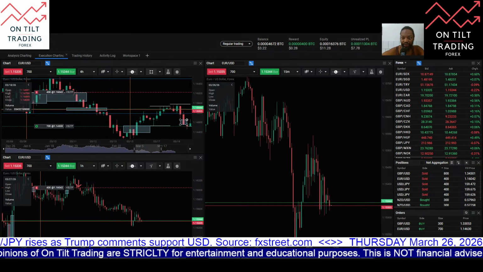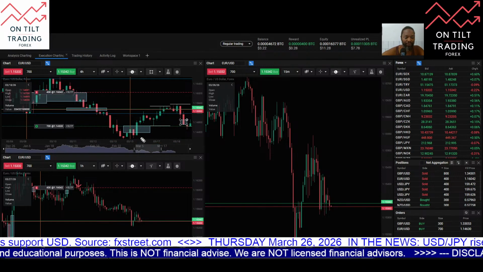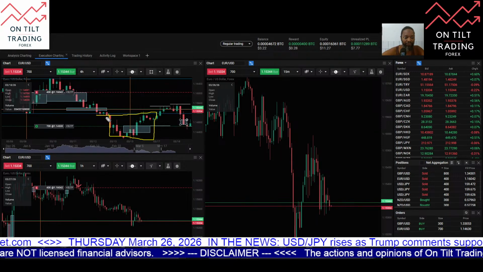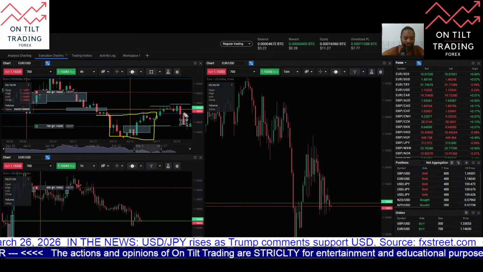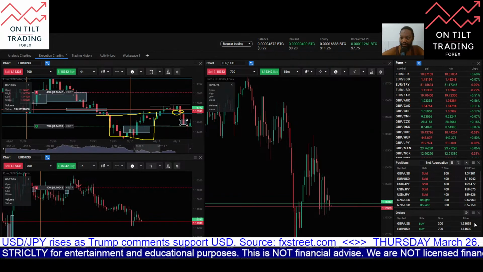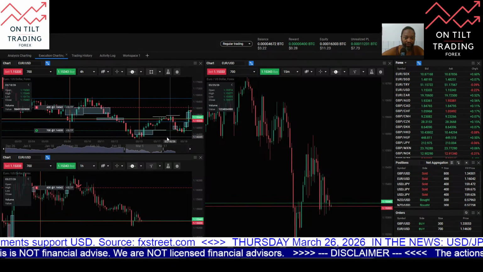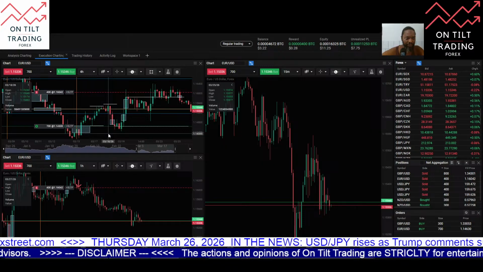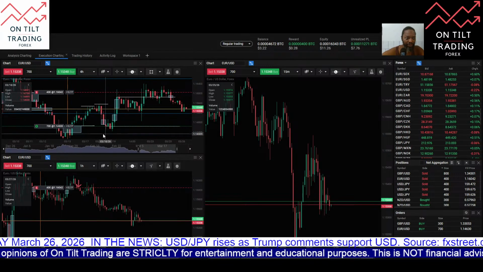So I'm looking at this area as the area of manipulation, this area of the manipulation here back into this range, and then here you get the retest. Or would you want to extend? No, if you extend the box, then you're not going to get an entry.